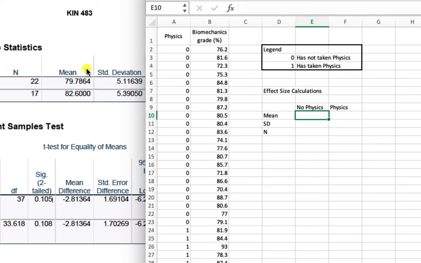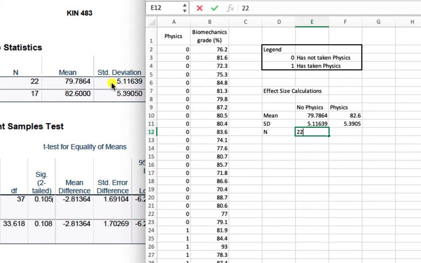From our output, we can see the mean of people who haven't taken physics is 79.7864. The mean for people who have taken physics is 82.6. Standard deviation for no physics is 5.11639, and standard deviation for people who have taken physics is 5.3905.